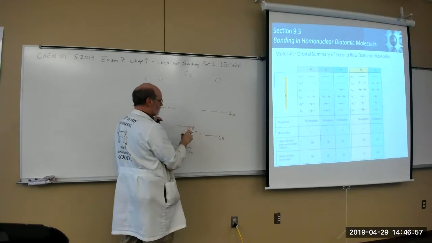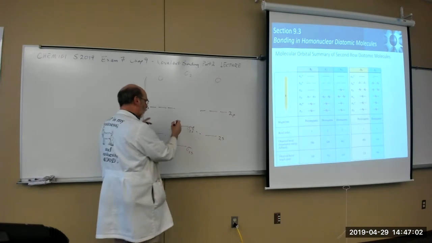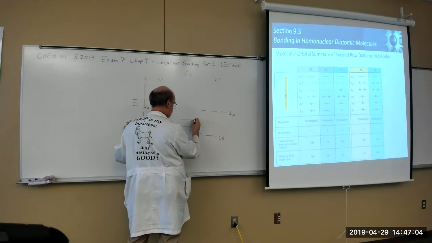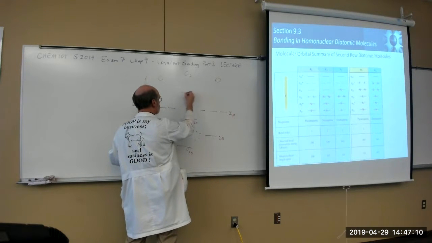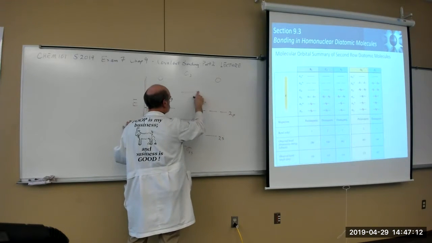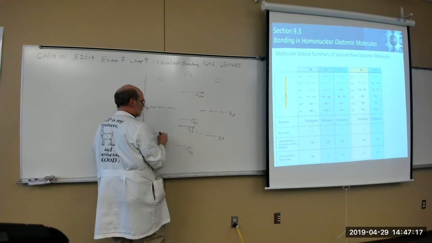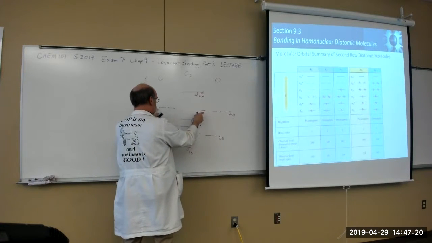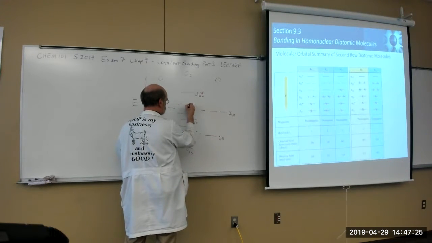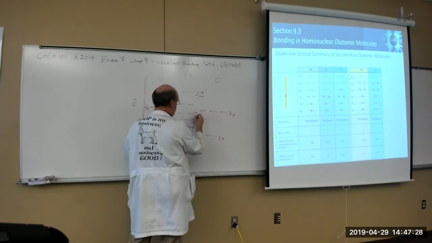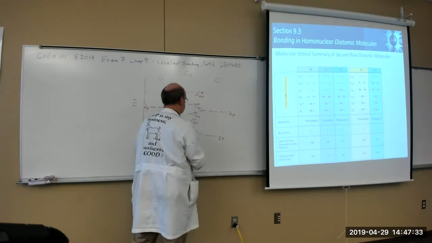For these p orbitals, you can only make one sigma out of each atomic orbital. So we get one sigma here derived from a 2p, and one sigma star here derived from a 2p. That means we've used 2 of them, and now we have 4 left over: 2 here, 2 here. These are pi derived from 2p. These are pi stars derived from 2p.